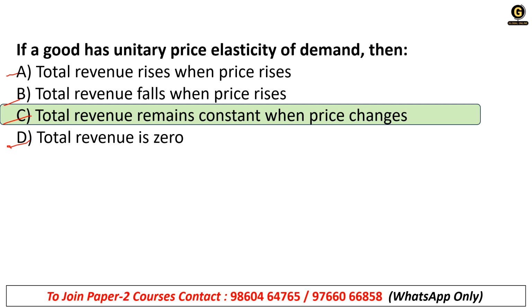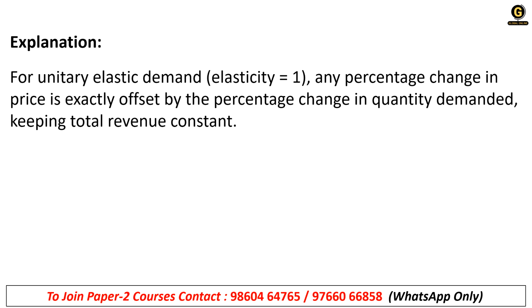That is only when a good has a unitary price elasticity of demand. See, for unitary elasticity of demand, elasticity is equal to 1. Any percentage change in the price is exactly offset by the percentage change in quantity demanded, right? So keeping total revenue constant.